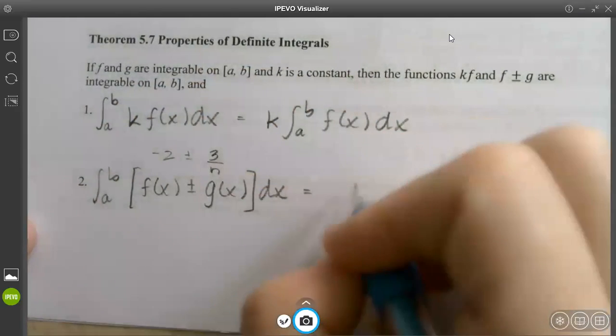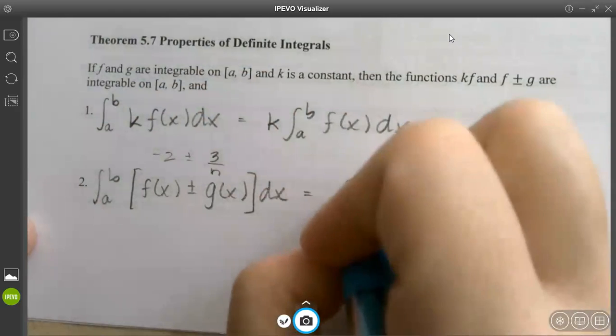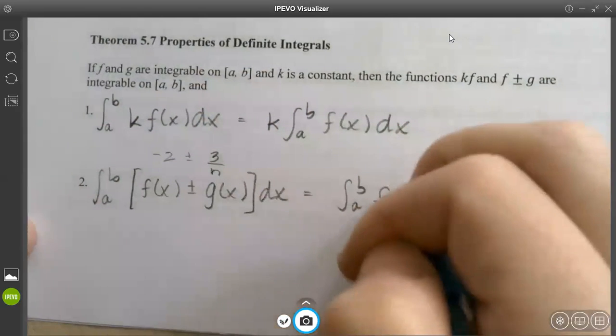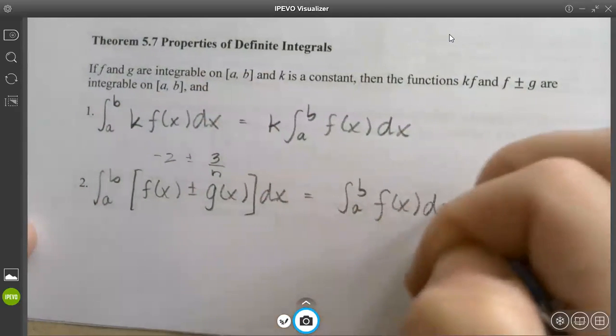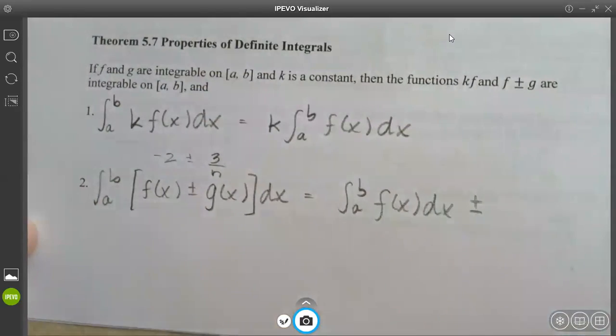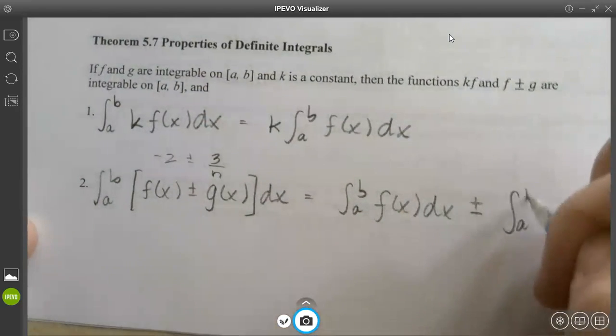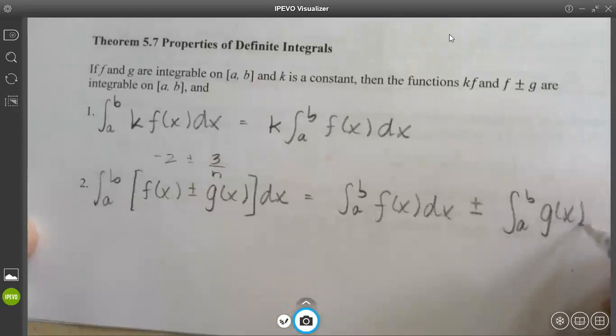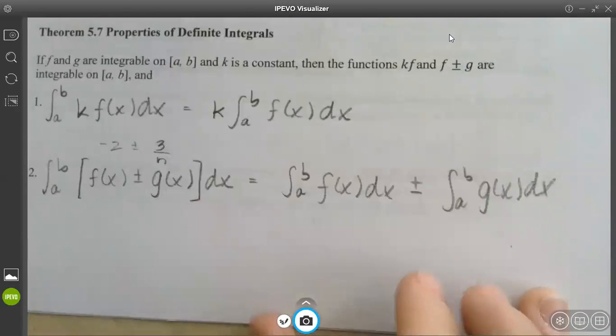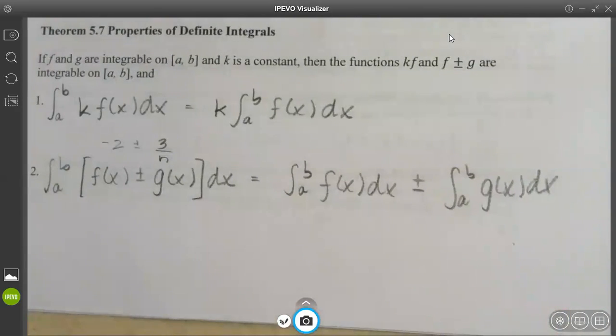We would split them up. So we do the integration from a to b of your first function, dx, whatever it is, add or subtract the integration of your second function, dx. So nothing new.